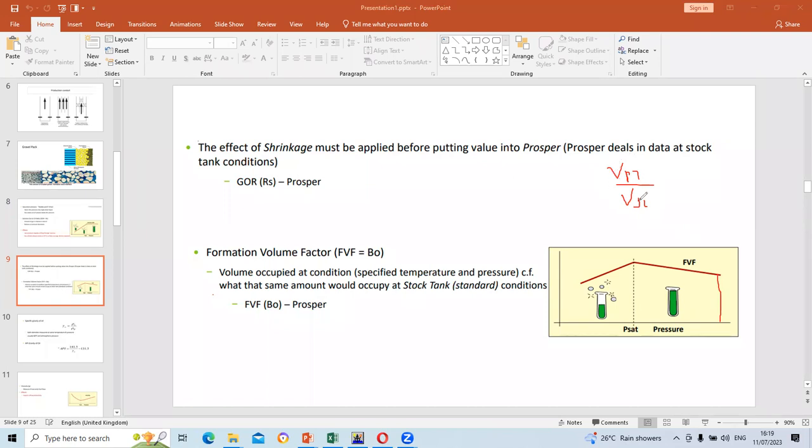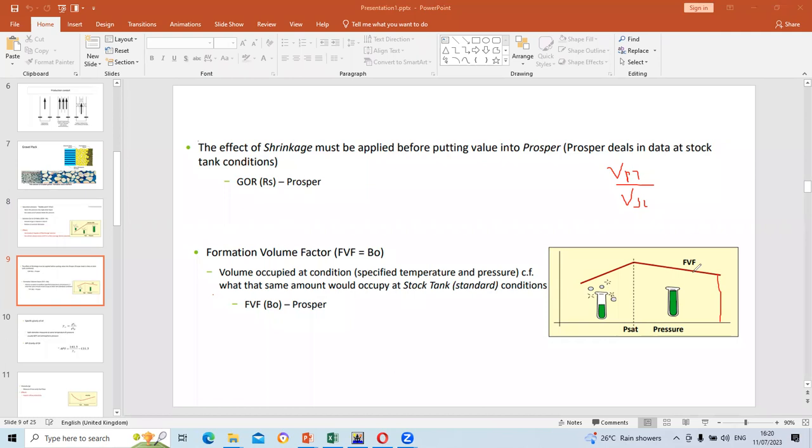The question now is always, why is it increasing? Because if it has gas, I expect that as gas is being liberated, the volume should instead shrink. Then the formation volume factor should instead drop. But as you are dropping the pressure, the formation volume factor is instead increasing.